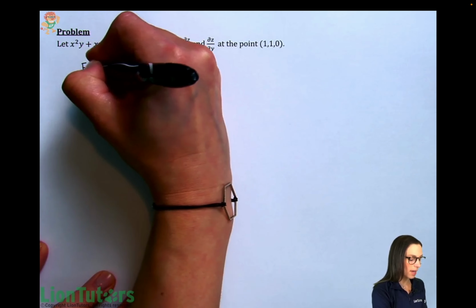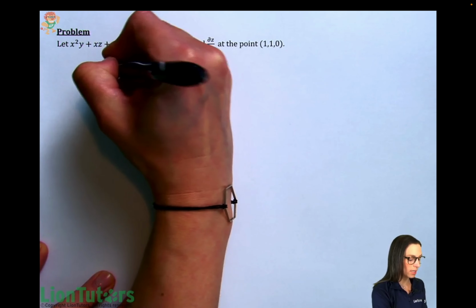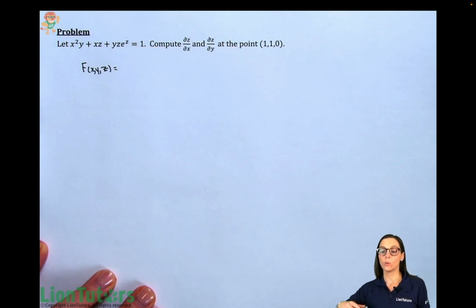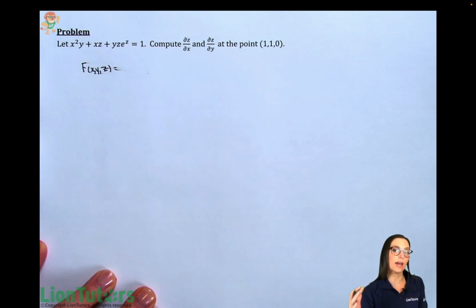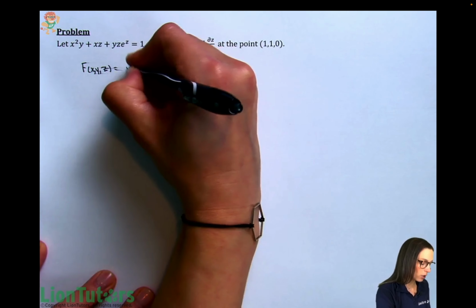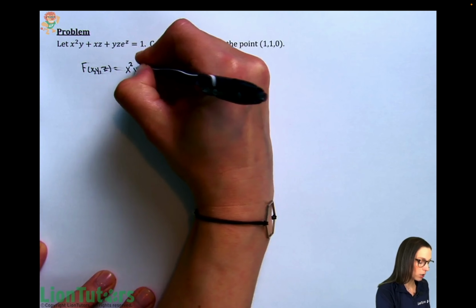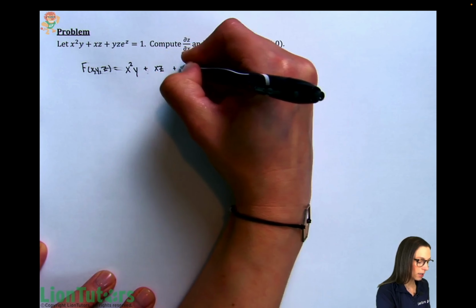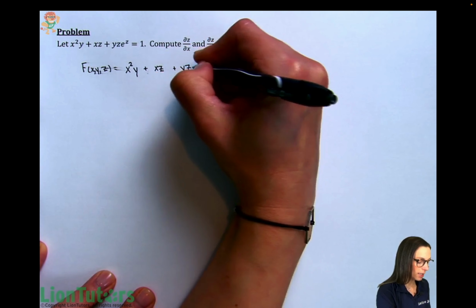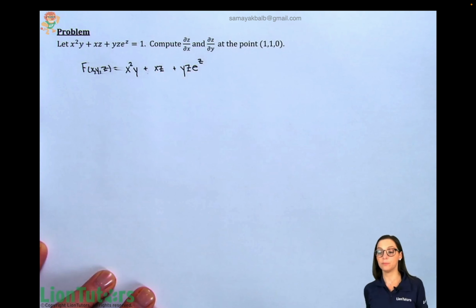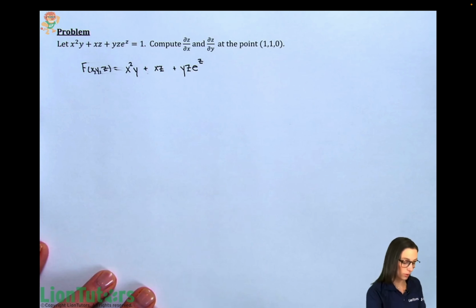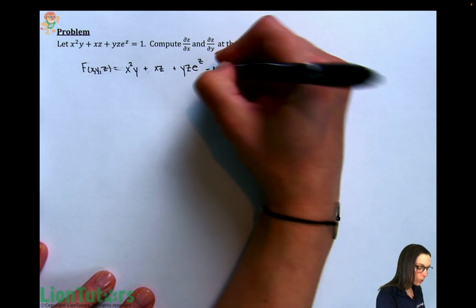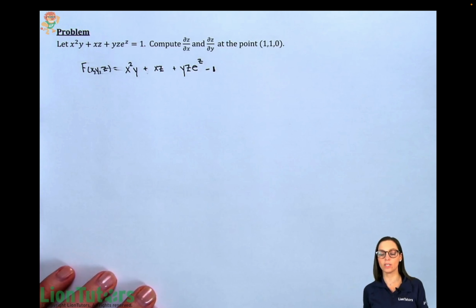So our big F of x, y, z is the function that we get when we take this whole thing and get everything over to one side. So our F of x, y, z is going to be x squared y plus xz plus yz e to the z, minus 1. Turns out that wouldn't have mattered, but technically that's our F of x, y, z.